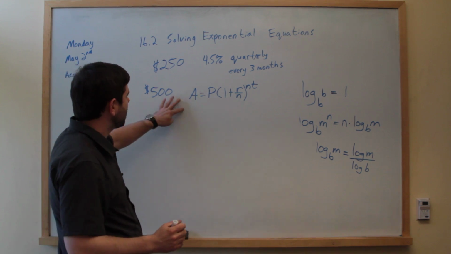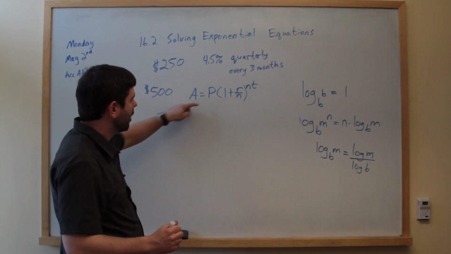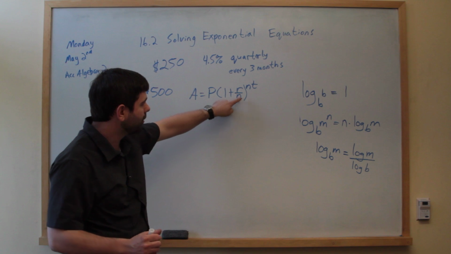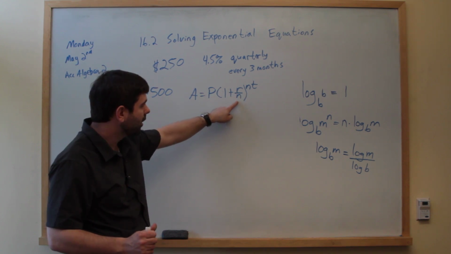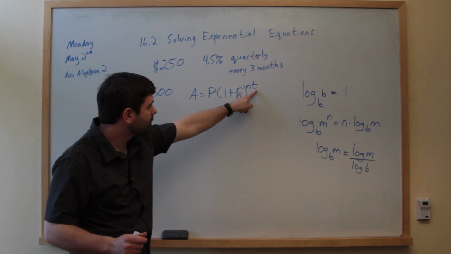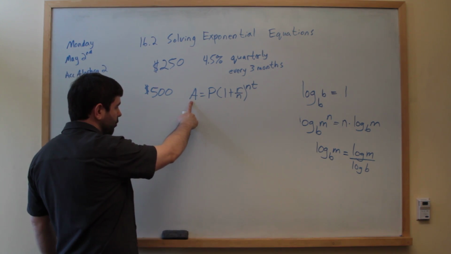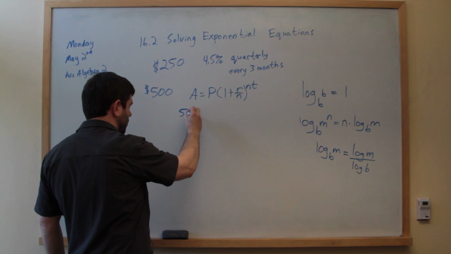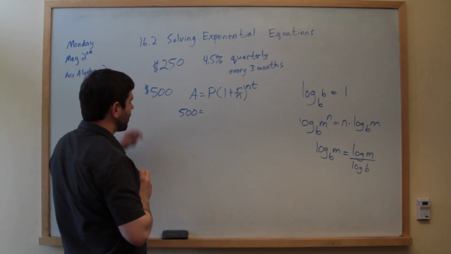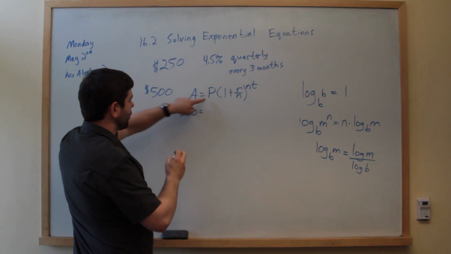We're going to plug it into here. r is our rate, n is the number of times compounded per year, and t is the number of years. So A, the amount that we want to reach, is 500, that's our goal. The amount that we're investing is $250, that goes in for P.